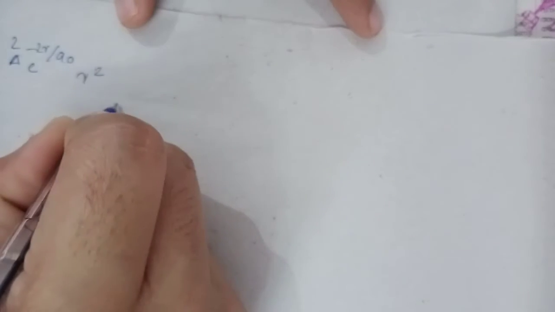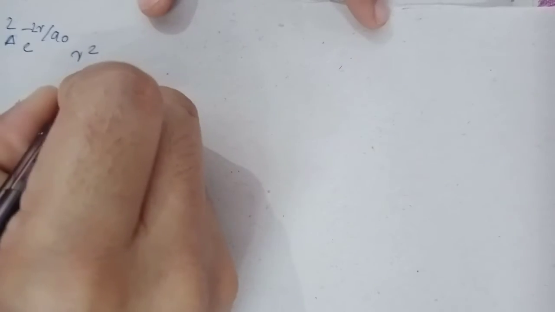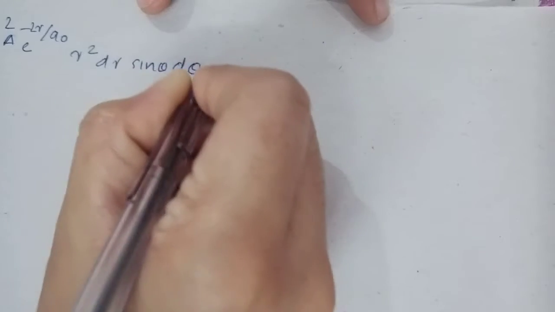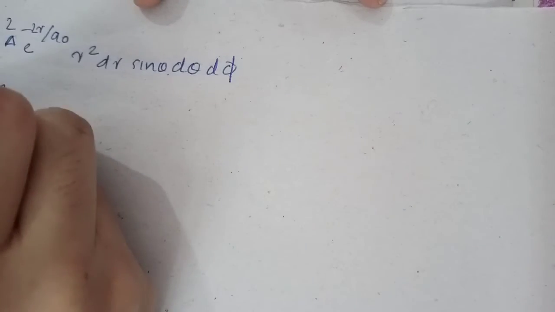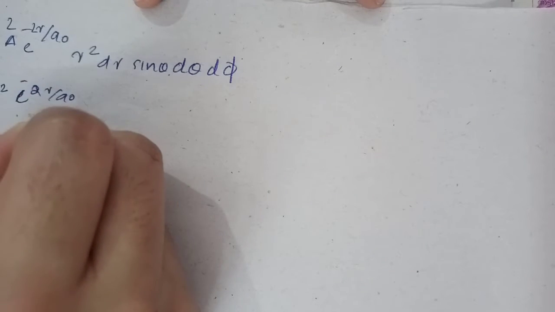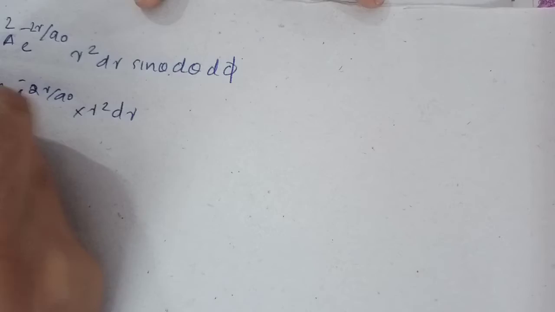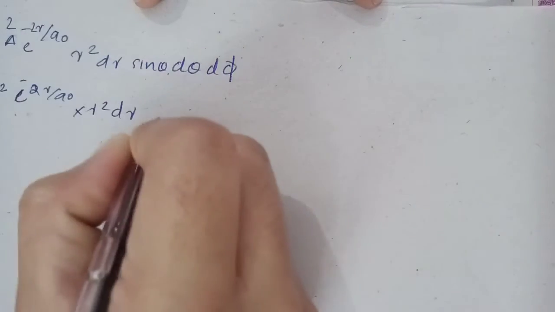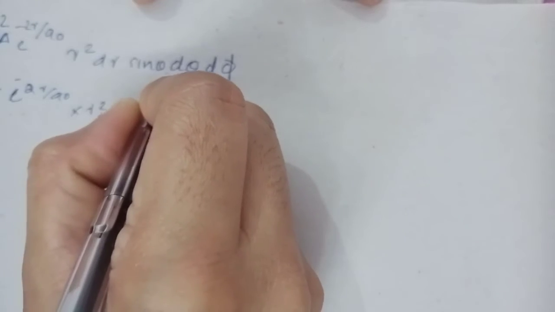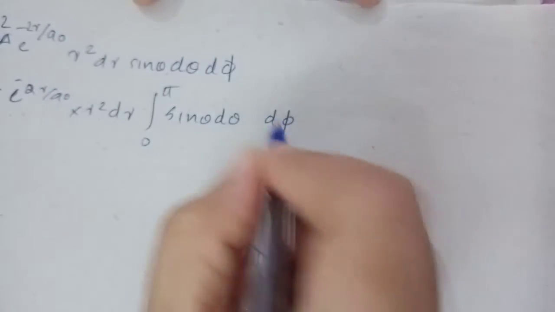The volume element is r squared dr sin theta d theta d phi, and we have to integrate this: a squared e raised to minus 2r by a naught into r squared dr from 0 to infinity, sin theta d theta integrated from 0 to pi, and d phi from 0 to 2 pi.